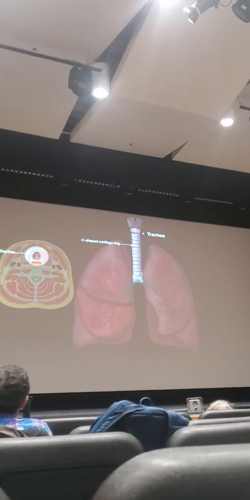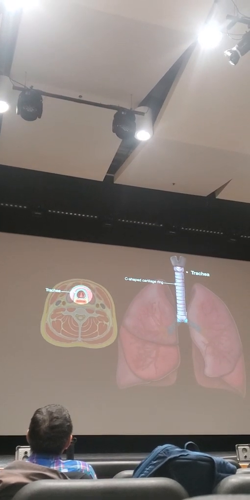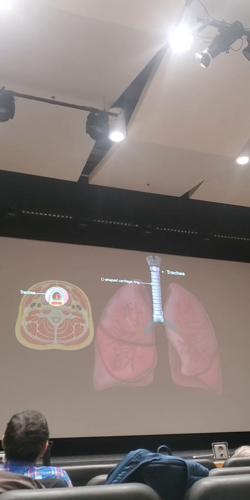So God then said, well, I can't have that happen every time they breathe. That's not very efficient. So let's put a skeletal structure there. So every time you exhale, there's a skeletal structure, but we won't make it bone, we'll make it cartilage. So they have these C-shaped cartilaginous rings. In cross-section, there's the trachea, and in outline, there's that C-shaped ring. And then you're like, well, why is it C-shaped? Why is it not a circle?